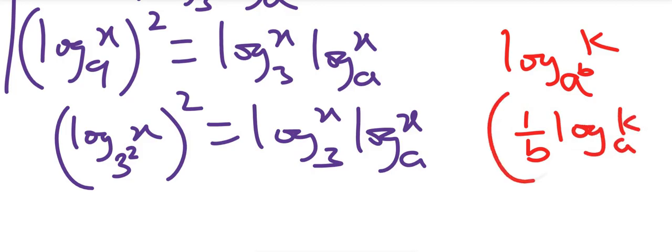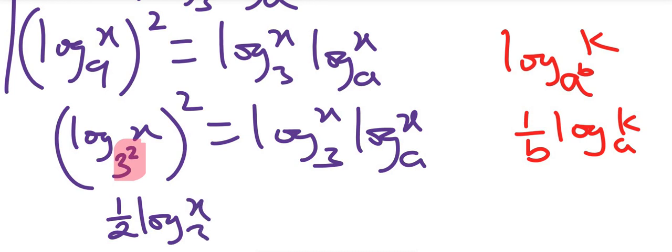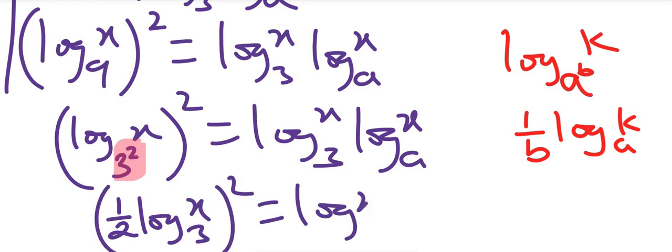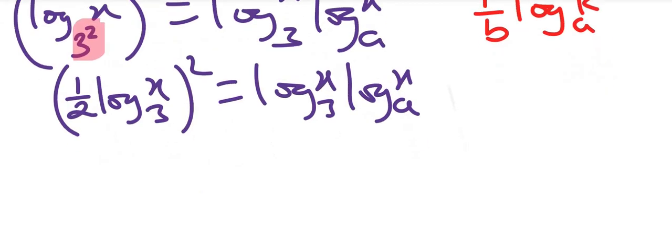The b becomes a fraction, you have 1 over b. That's what I'm going to do to this part of the question. So I have 1 over 2 log x base 3, everything squared, equals log x base 3 times log x base a.